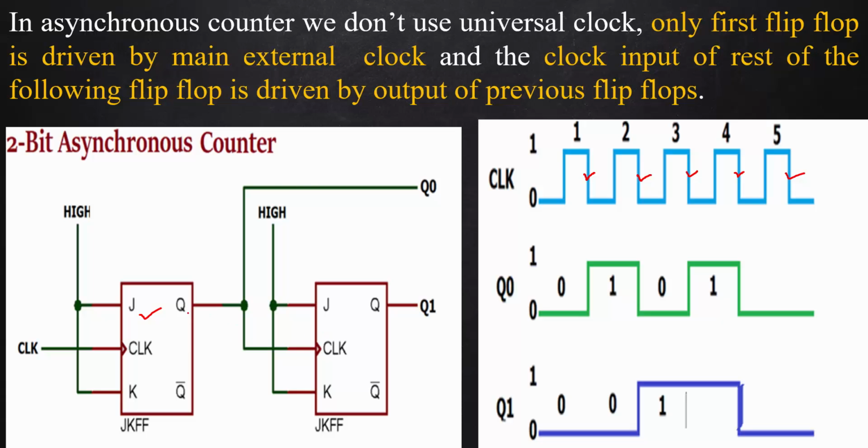So Q0 is triggered by this external clock, and here we are assuming negative edge triggering. Negative edge triggering is indicated by this bubble and arrow, like this. Bubble and arrow is the indication for negative edge triggering. Without the bubble, a direct arrow indicates positive edge triggering.